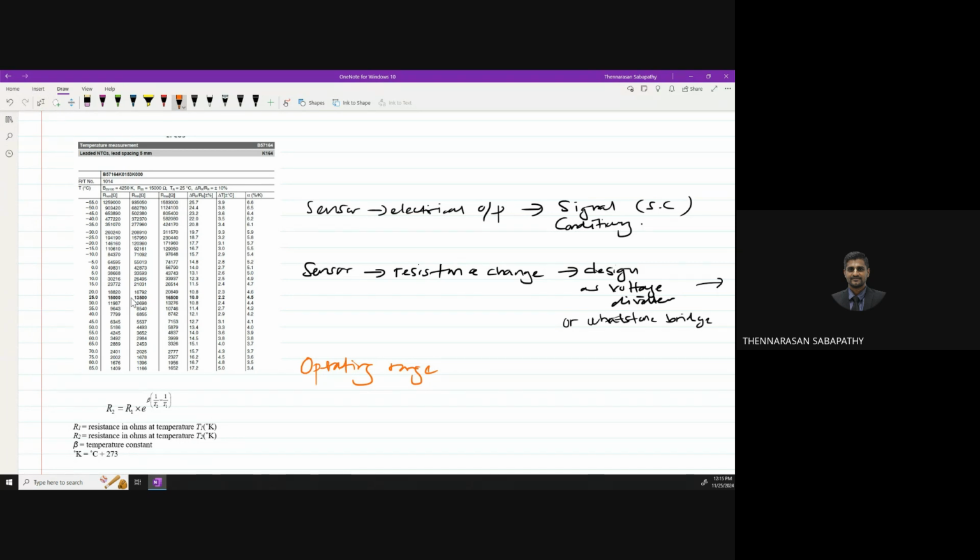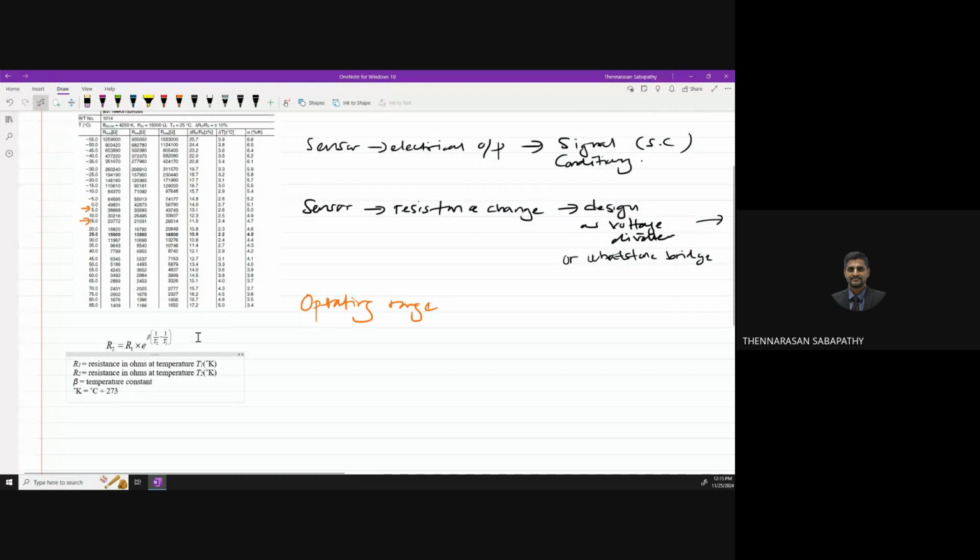I want to use the same value. We designed 5 to 15. Okay, we design 5 to 15 again, just for you to recall.